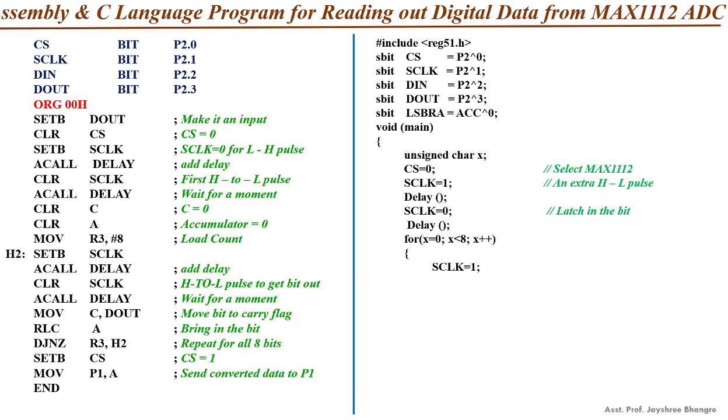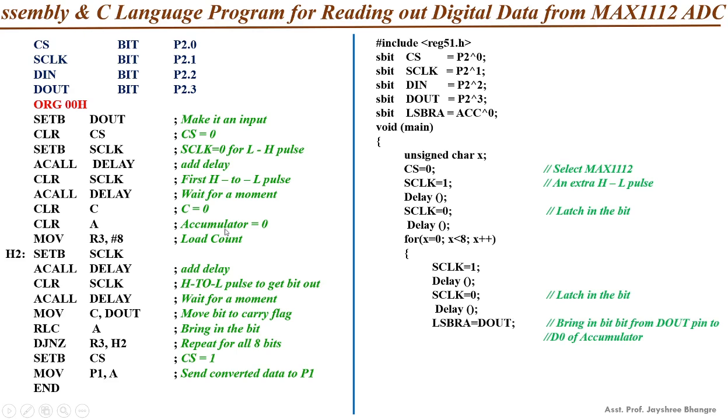Here at every negative or falling edge of SCLK or the serial clock, all the 8 bits are read out of the ADC chip bit by bit. So here the first negative edge is given and the first bit will be read into this LSB_RA, that is nothing but the LSB bit of the accumulator.